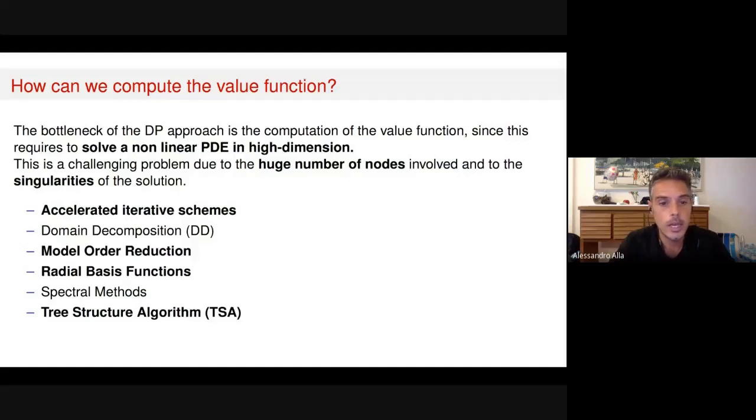So we don't need a structured mesh to solve the problem. Spectral methods and tensor decomposition have also been involved in the approximation of the value function, and the tree structure algorithm, which is actually the topic of today's talk.